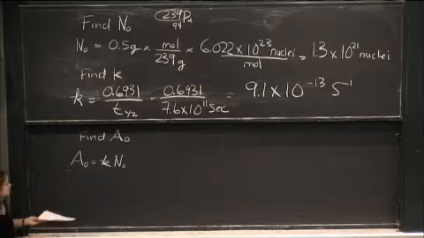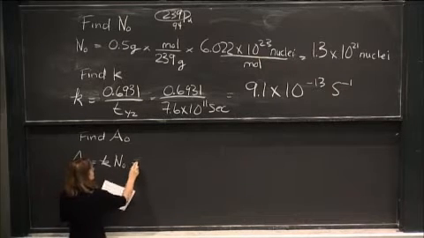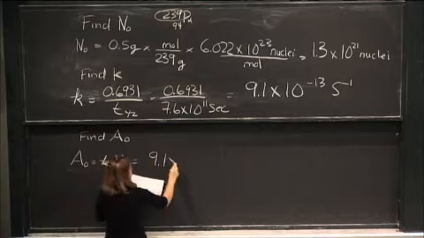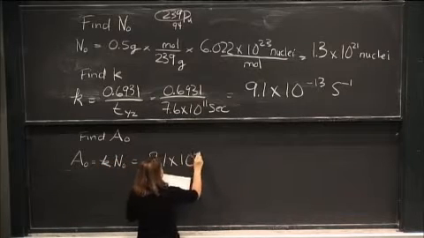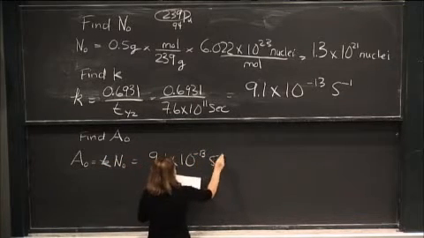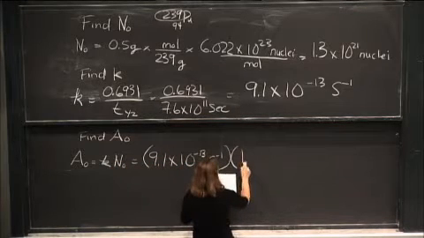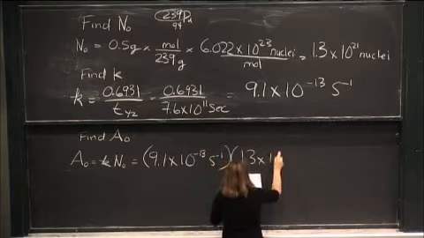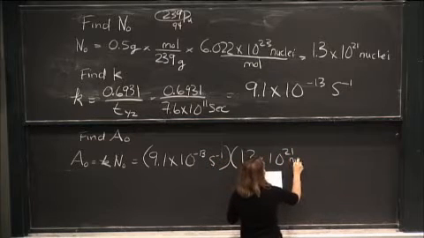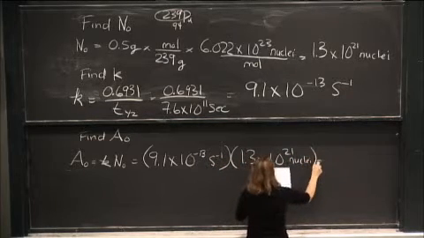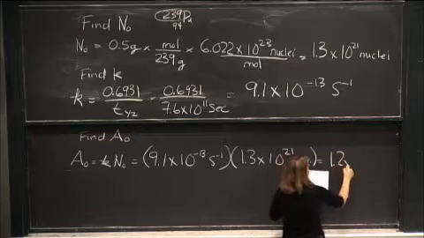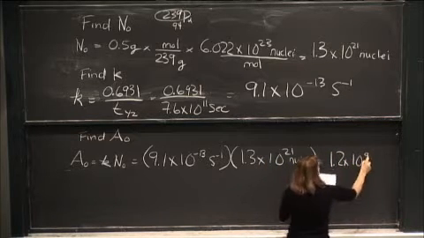So we've just solved for both of these, so we can plug these in. So we had 9.1 times 10 to the minus 13 per second times the number of nuclei, 1.3 times 10 to the 21 nuclei equals 1.2 times 10 to the 9.